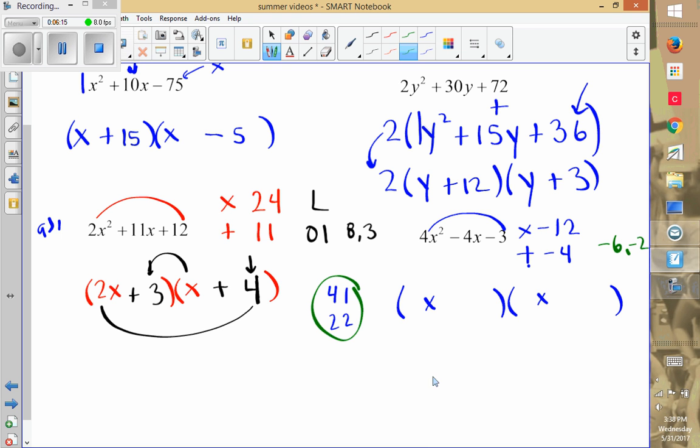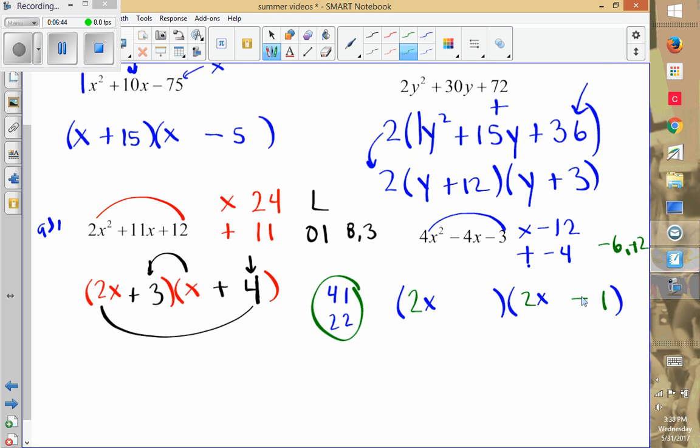So if I need to get 6 and 2, I'm going to have to do that through a 2x and a 2x. I actually realize I have a mistake here. The two numbers are going to be negative 6 and positive 2.